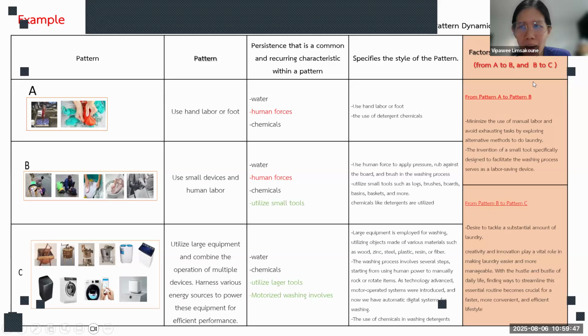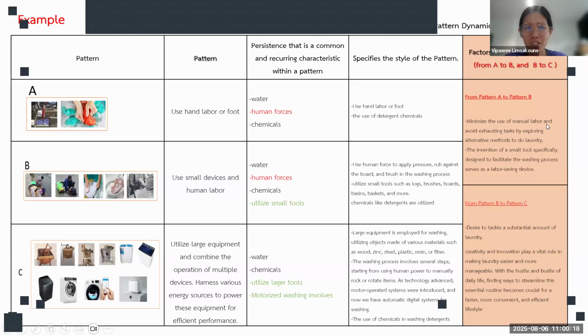Lastly, the final column here is about the factor creating the new pattern. For example, from pattern A to B, right? We want to minimize the use of human labor, and we want to avoid tasks that we don't want to keep doing.